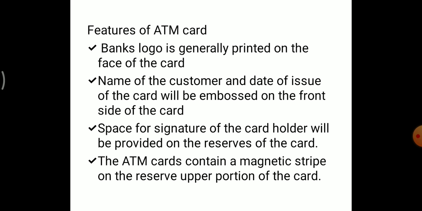Space for the signature of the card holder will be provided on the reverse of the card. The ATM card contains a magnetic strip on the upper portion of the reverse of the card. This is used for the encoded identification of the issuer as well as the card holder. It contains data for authorized transactions.